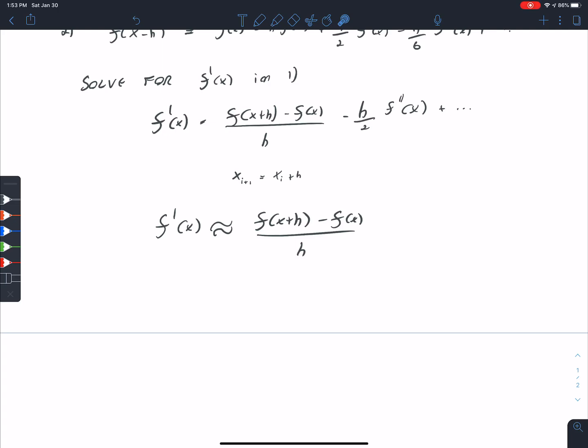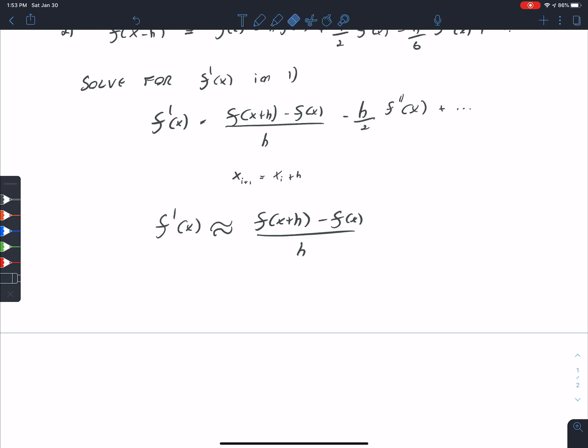And again, we're assuming that this h here is a small step, so let's say 0.1, for example, or 0.01. This term here actually will have h squared, so 0.1 squared is 0.01, right? This one will have 0.01, and so on.